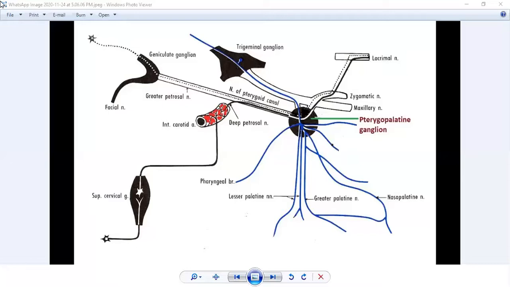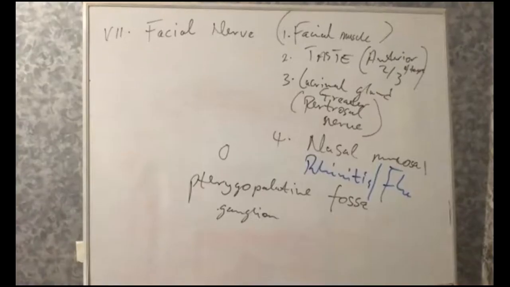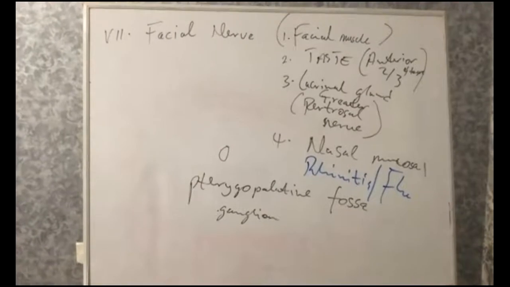My question is, I want to know the difference between the infraorbital nerve and the facial nerve. You said you want to know the difference between the infraorbital nerve and the facial nerve? Please give me the picture again.